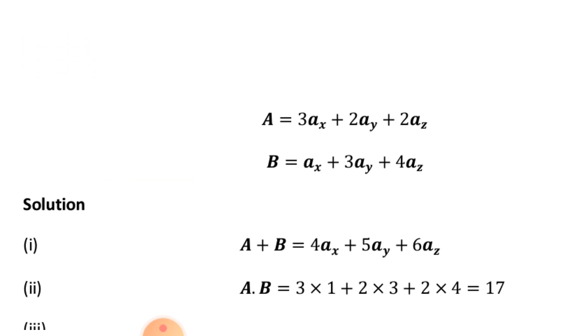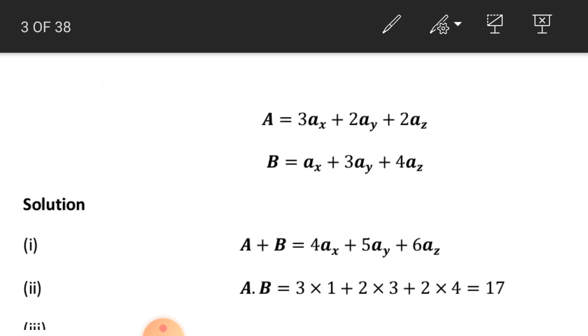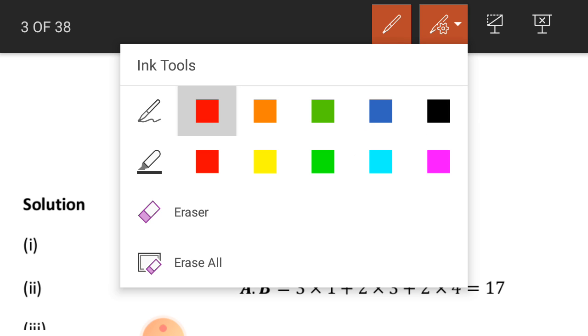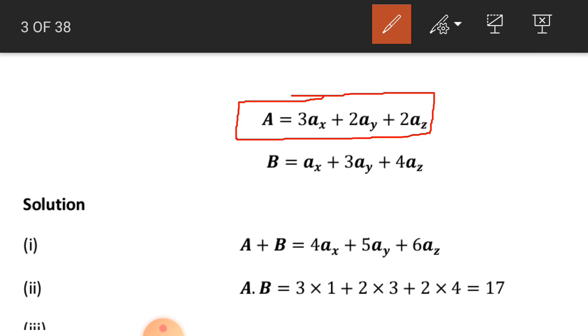So let us consider these two vectors in the rectangular coordinate system. This is a vector in the rectangular coordinate system. This is a three-dimensional vector, and this three-dimensional vector has got three components: A = 3ax + 2ay + 2az.